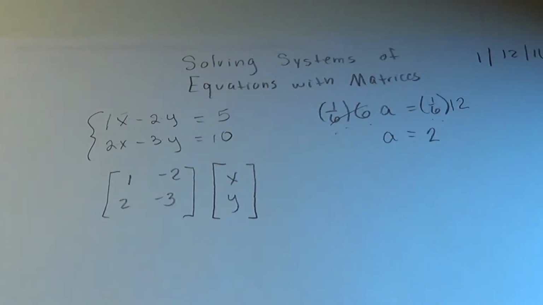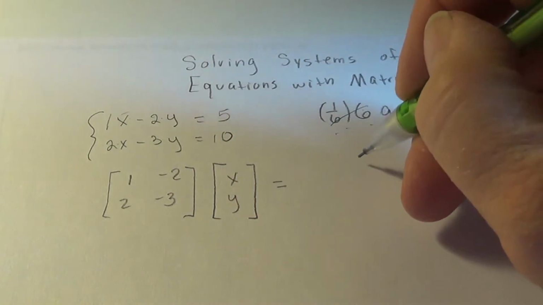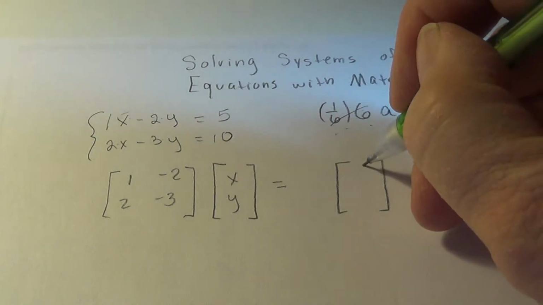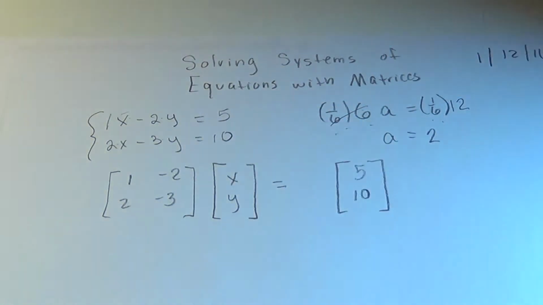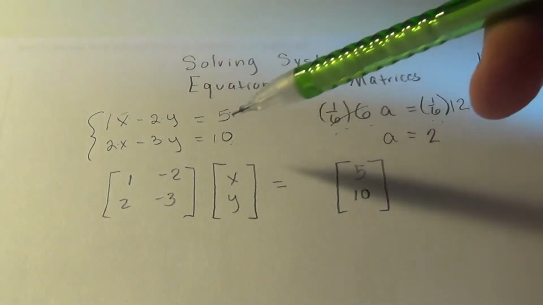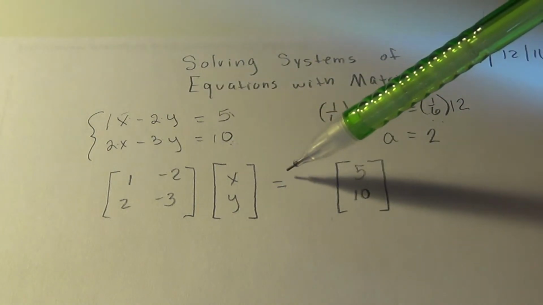It's a 2 by 1, and it's going to equal 5 over 10. Those are the constants. So you see how I'm setting up this matrix equation.